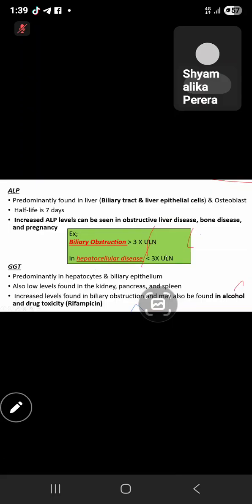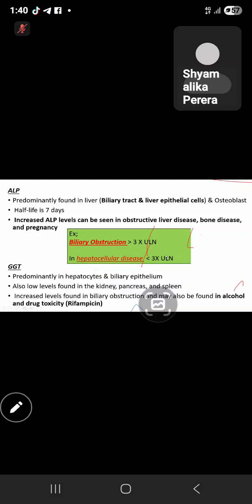Then the other two important enzymes are ALP and gamma GT. ALP is mainly found in the biliary tract and liver epithelial cells. ALP is not an enzyme present in hepatocytes. Keep in mind that ALP is present in the biliary tract epithelium, the liver, other normal capillary epithelium, and especially osteoblasts.